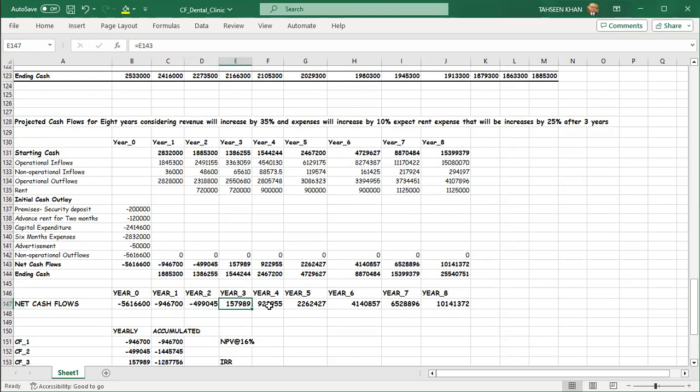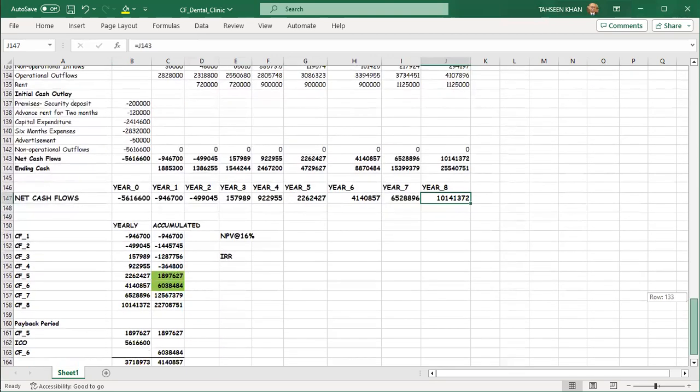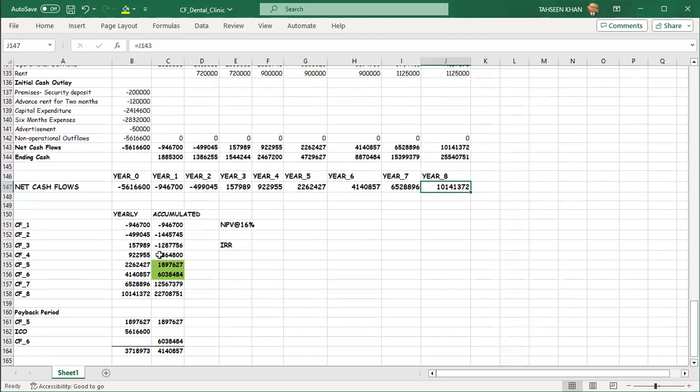we are going to calculate, first of all, the payback period. First year cash flow, accumulated cash flow is the same. Second year means first year cash flow plus second year cash flows. It's in negative.